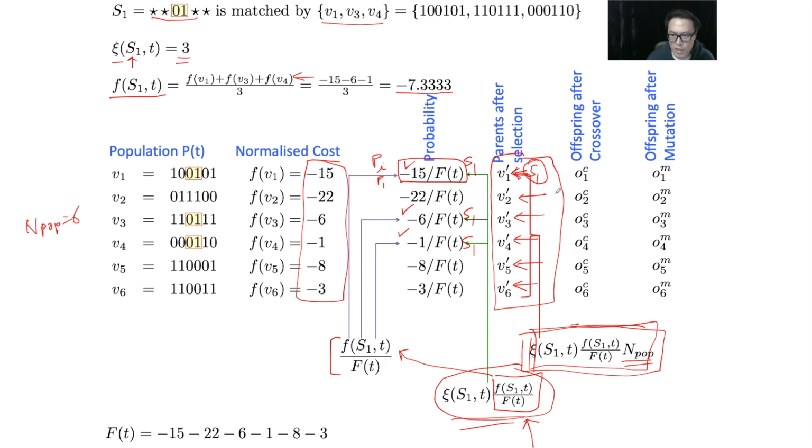Okay. Now again, this is the probability that any one of the parents would be S1. And then the population size, that is n pop. N pop times this one will be the number of strings in this population that would be S1.